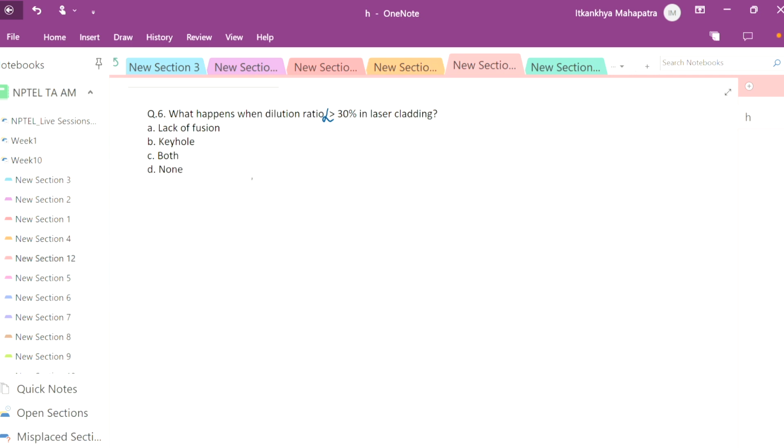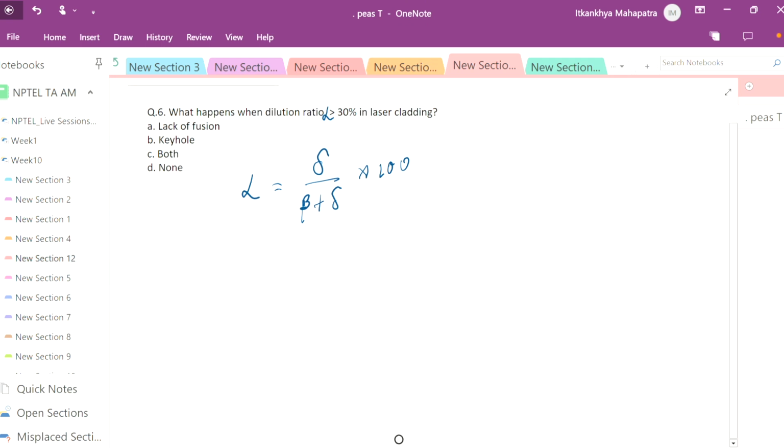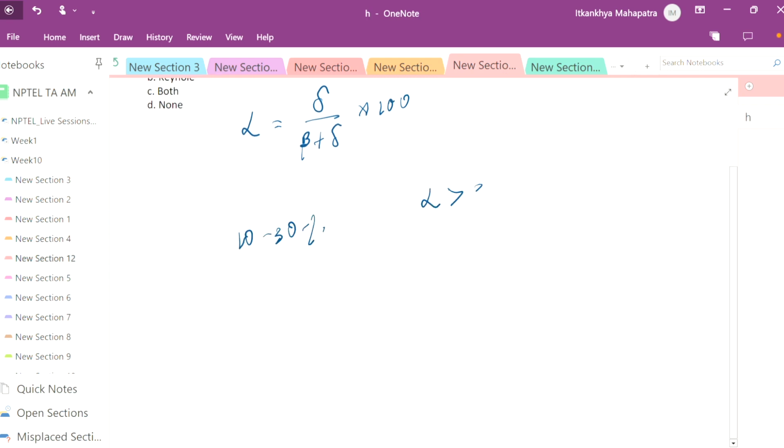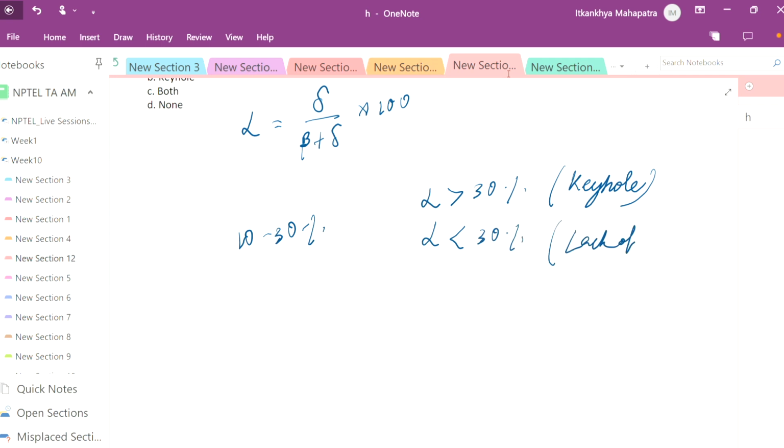Now alpha is equal to delta by beta plus delta into V. The optimal range for dilution ratio between the first layer and substrate is 10 to 30%. So when alpha is greater than 30%, keyhole defects occur, and when alpha is less than 30%, lack of fusion occurs.